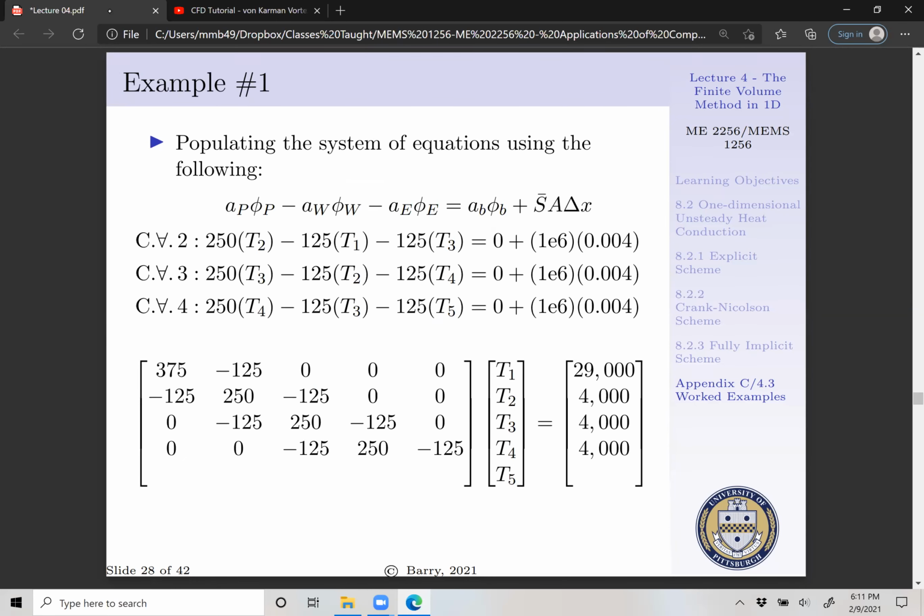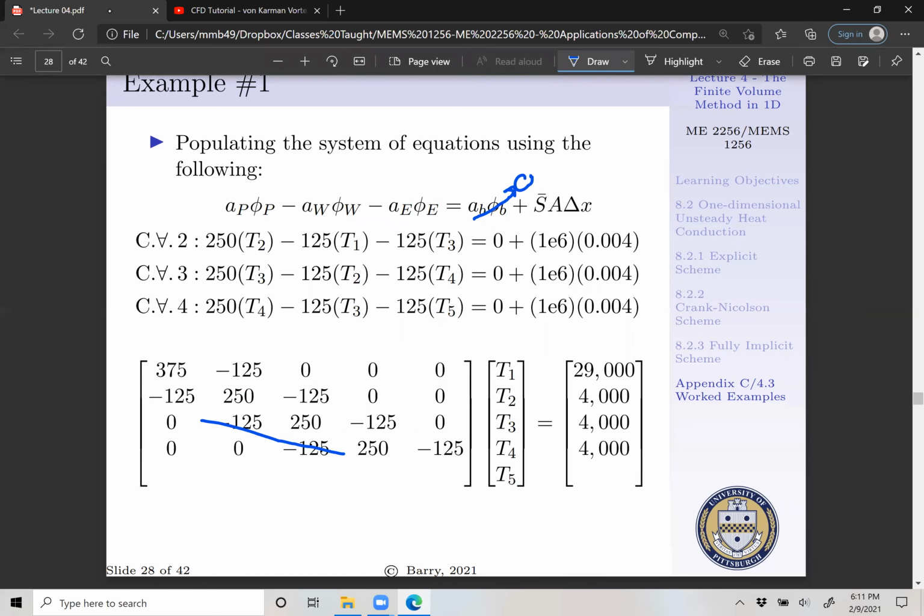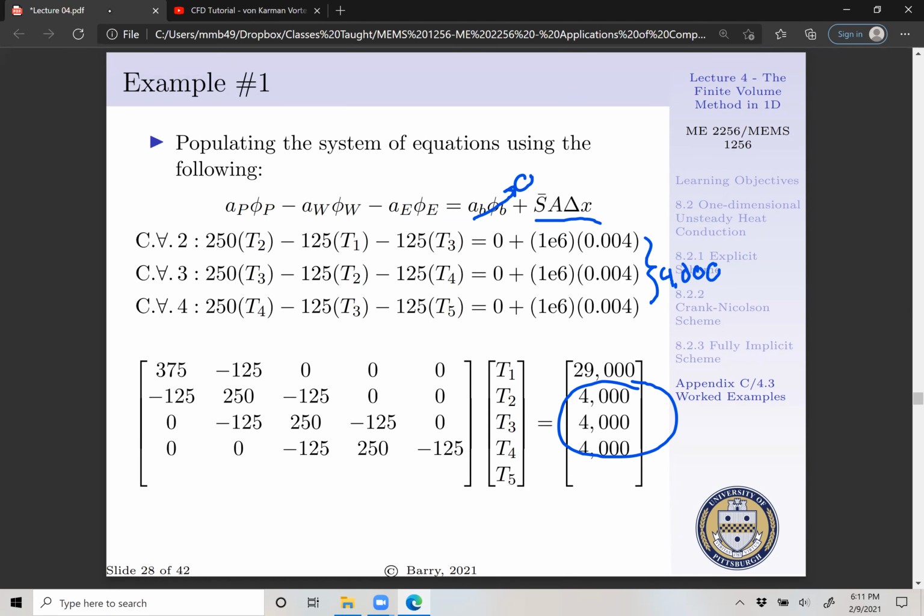So AP gets populated as 250 for our second, third, and fourth control volumes. A east and A west are both minus 125. There is no AB, no boundary coefficient or temperature we have to consider. And once again, we just consider our source term, 4,000 on the interior. Now note how this previously differed from a non-source 1D diffusion equation.